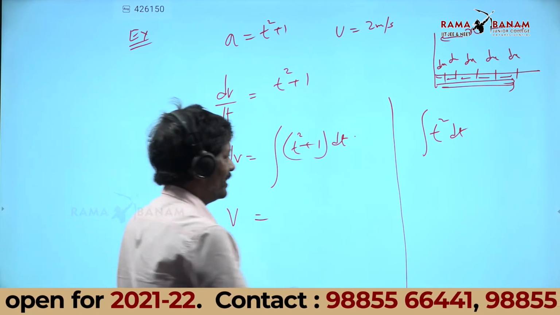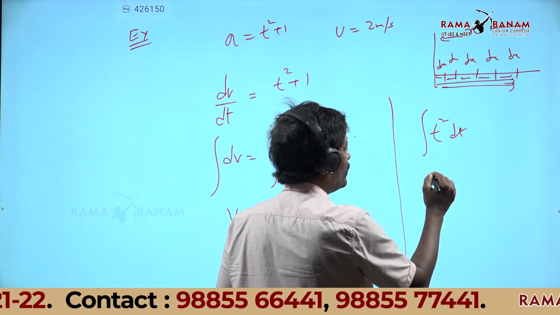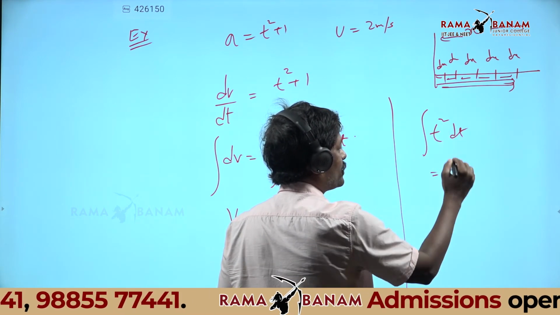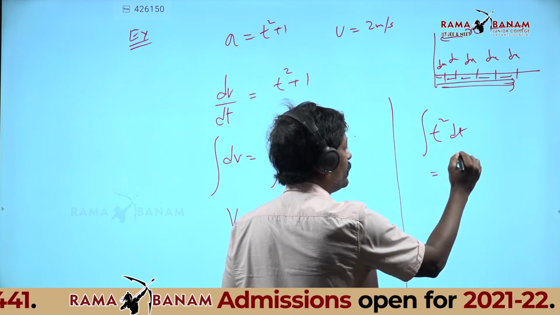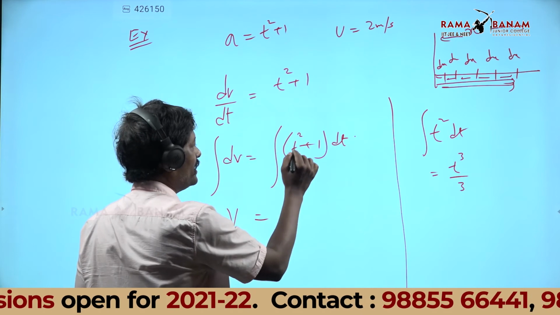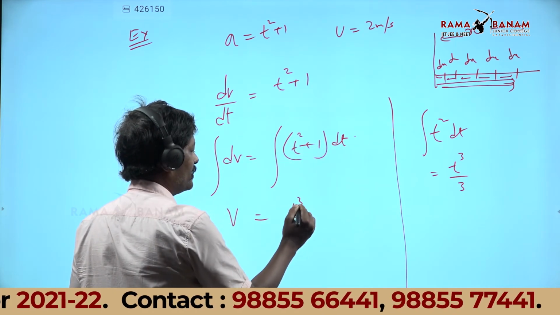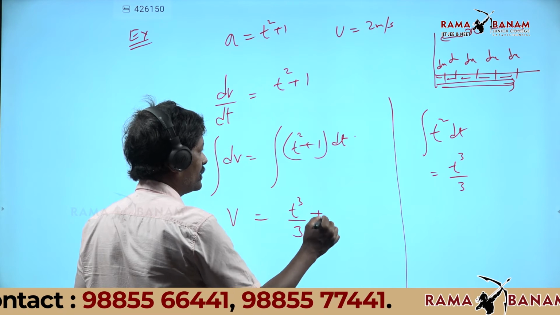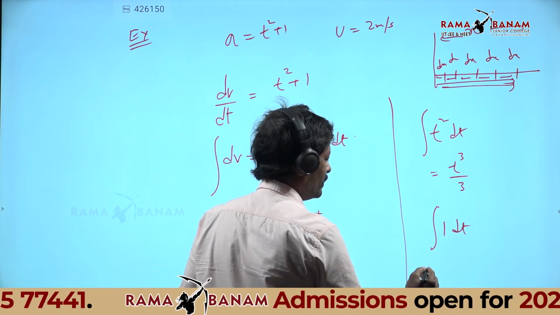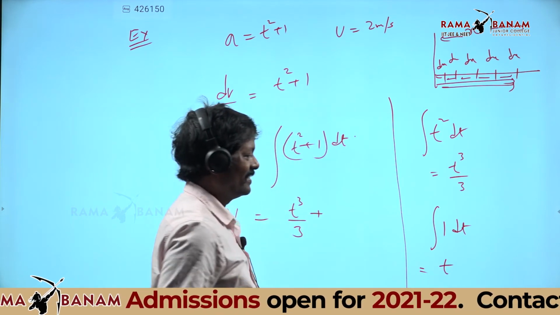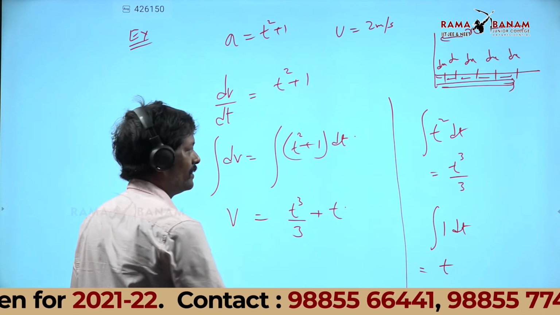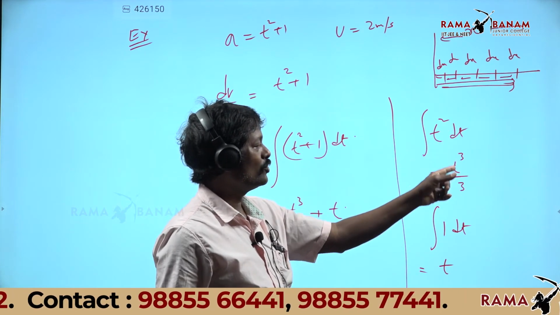So t square dt means, by the x power n formula, x power n plus 1 by n plus 1, t power 2 plus 1 by 2 plus 1, which is t cube by 3. Integral t square dt is t cube by 3, plus integral 1 dt, which is t. Integral dt will give you t.